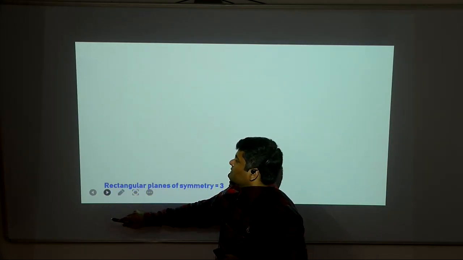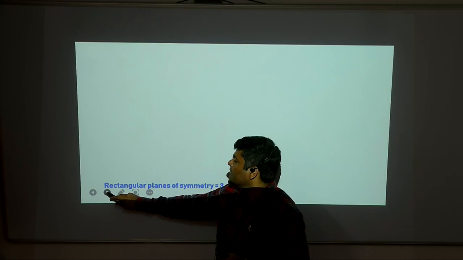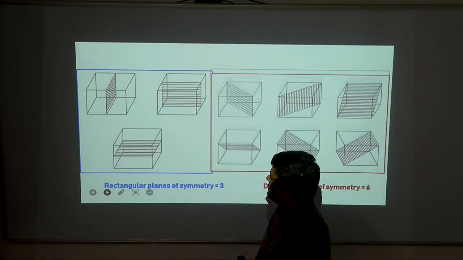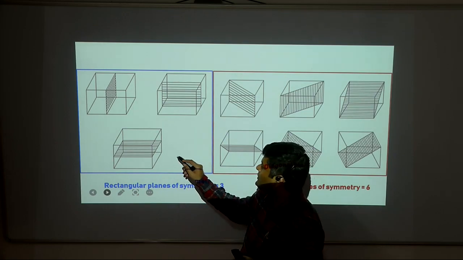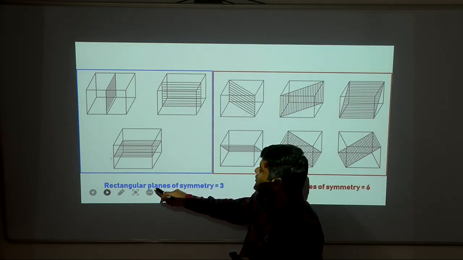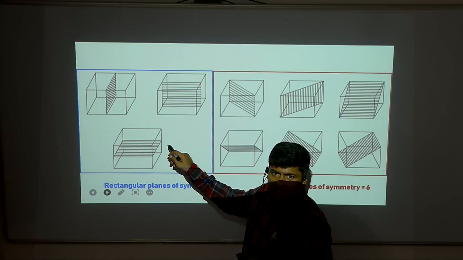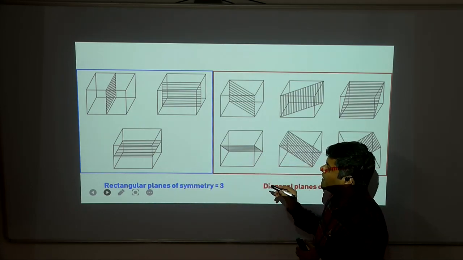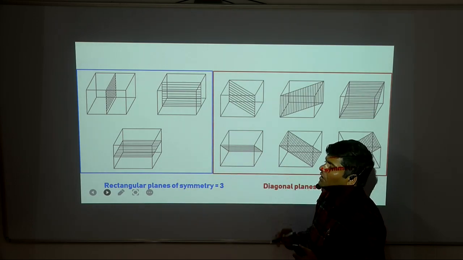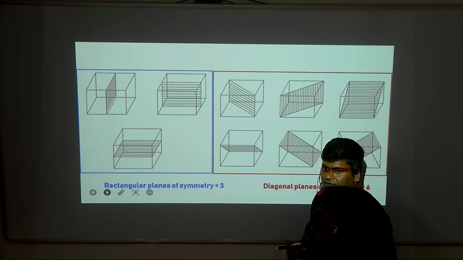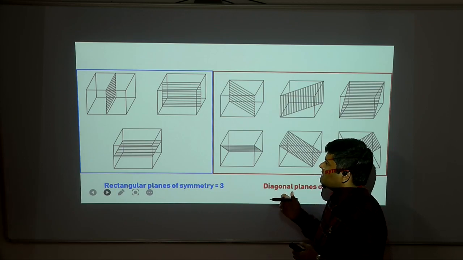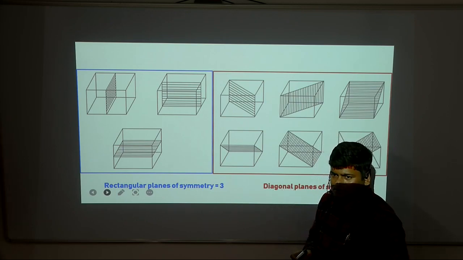Now we will see over here, you can understand in an easier way how the rectangular planes of symmetry are there and how the diagonal planes of symmetry are there. By comparing these two images, you will understand what exactly is meant by the plane of symmetry and by the diagonal planes of symmetry.